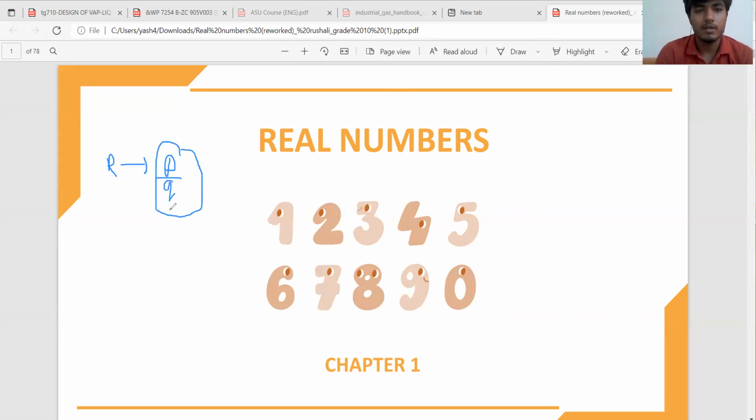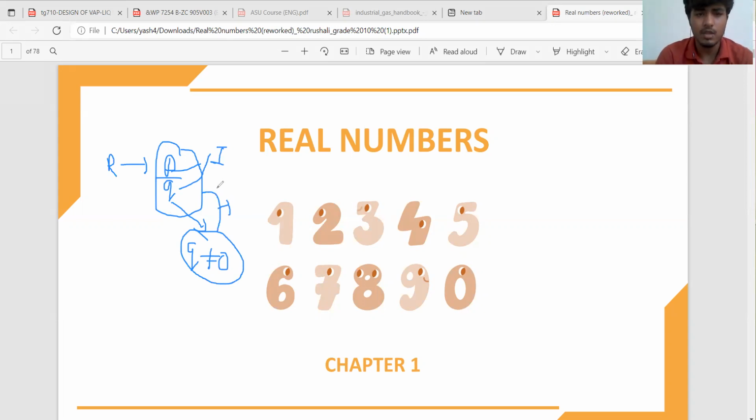And we have one more condition, that q is not equal to 0. So we have two conditions: the number will be in the form of p by q, both p and q are integers, and q is not equal to 0. When these two conditions are satisfied, our number will be a rational number.